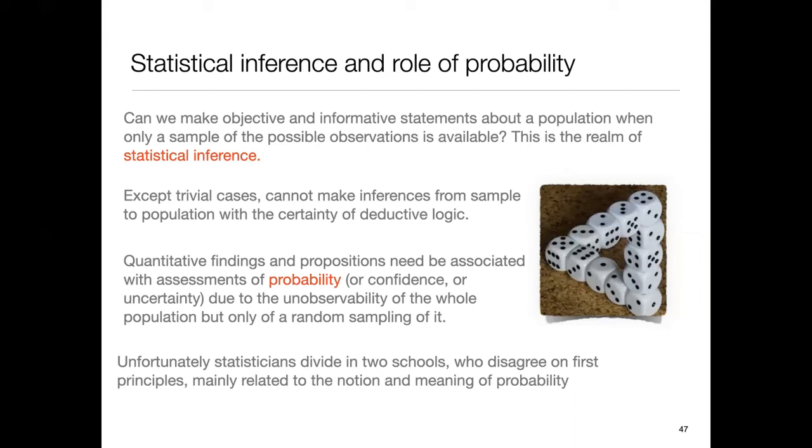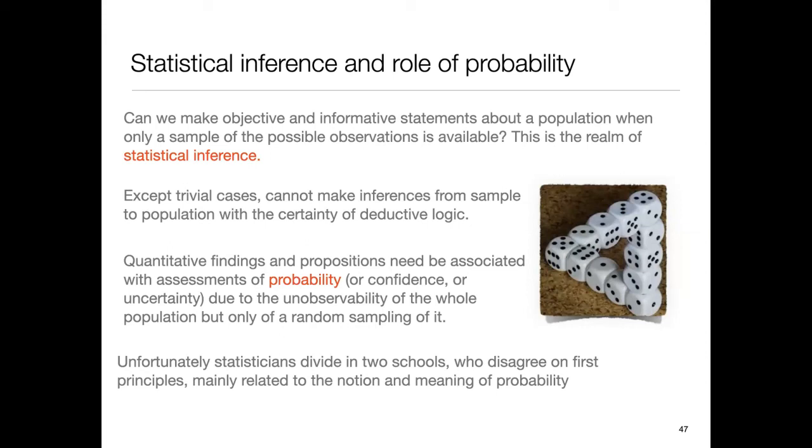Any inference will be necessarily associated with the assessments of probability or confidence or uncertainty, due to the unobservability of the whole population, and due to the fact that we only see a random sampling of it, and that the phenomena themselves are not deterministic.